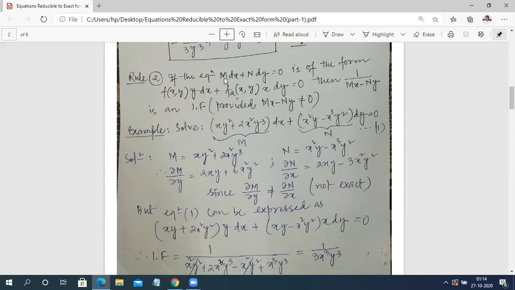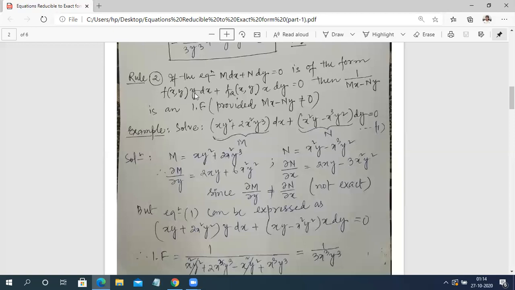What does it mean? It means if any given equation can be written like this, we can take y common, where f1 is the function of x and y.